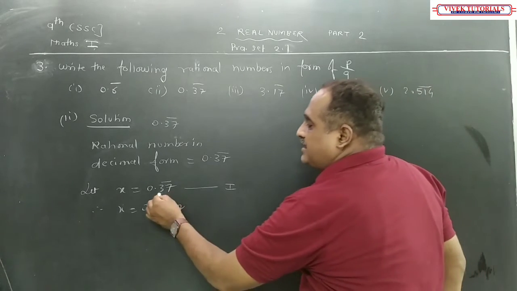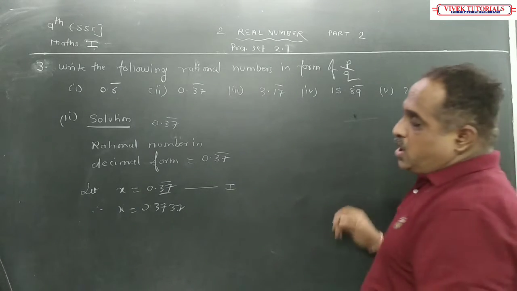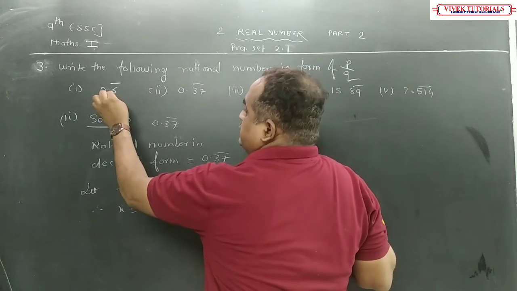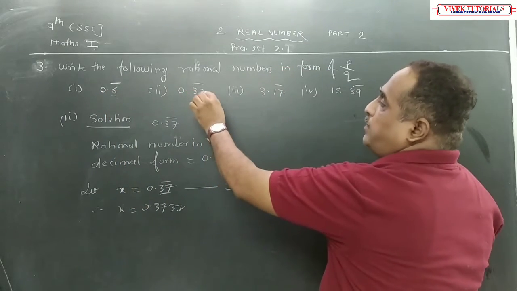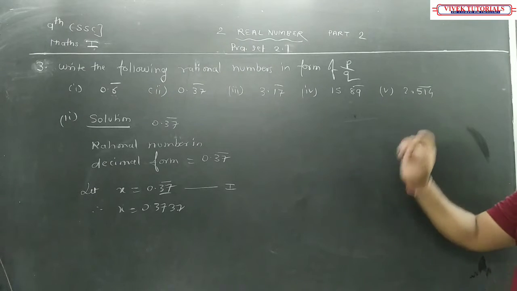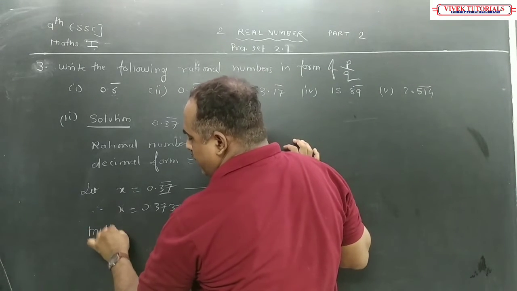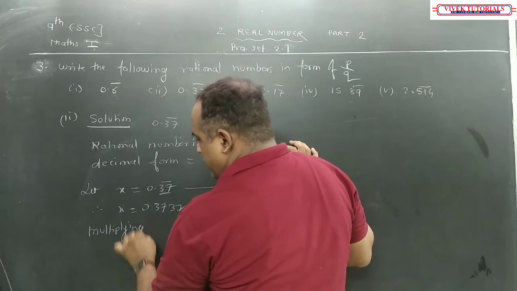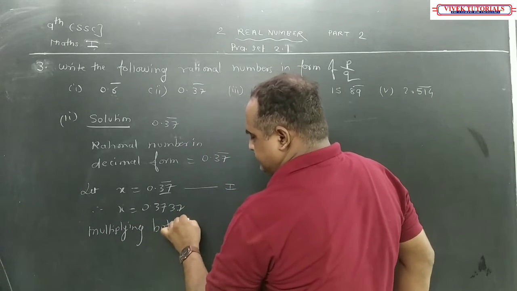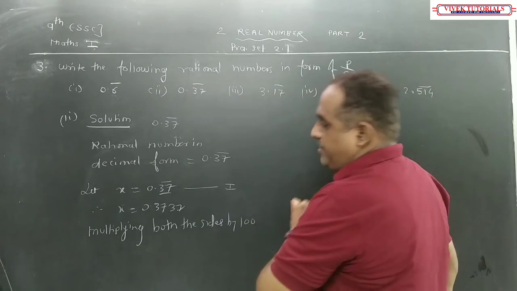But after the point, how many numbers are recurring? 2 numbers. So in this case we multiply by 10. In this case we are going to multiply by 100. But here we are going to multiply by 1000. So here I am going to write multiplying both the sides by 100.